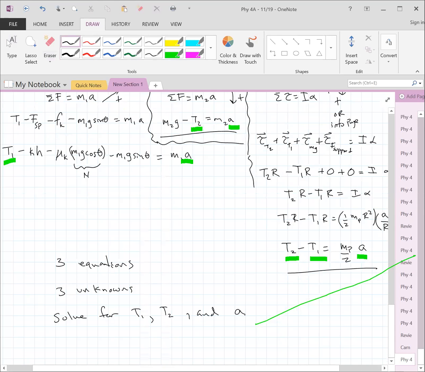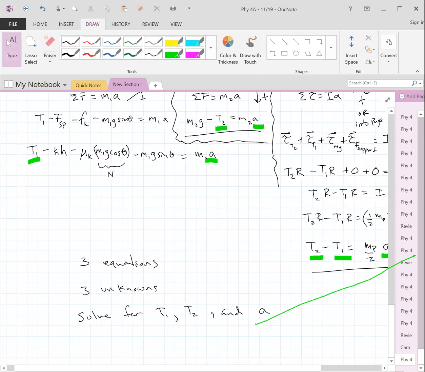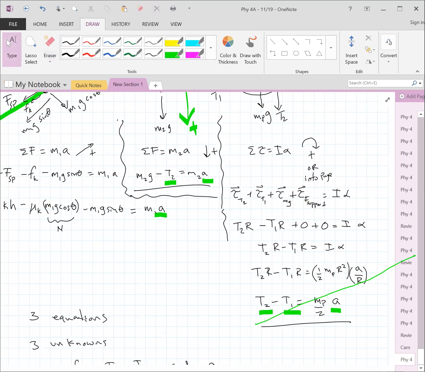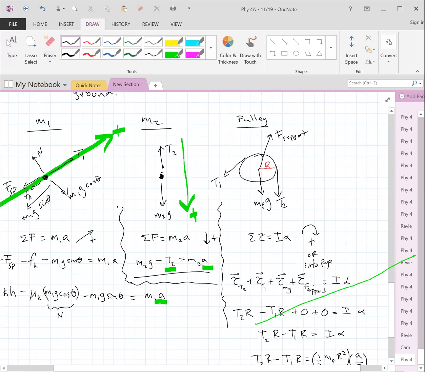And we can solve for the tensions on either side of the pulley and the acceleration of the system. Okay? So what's new here is the whole rotational motion thing, incorporating some of the torque equals I alpha in with our sum of the forces equals MA.